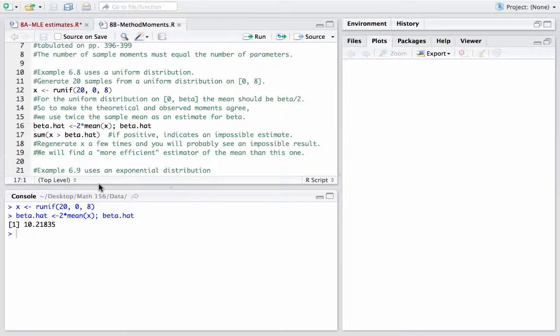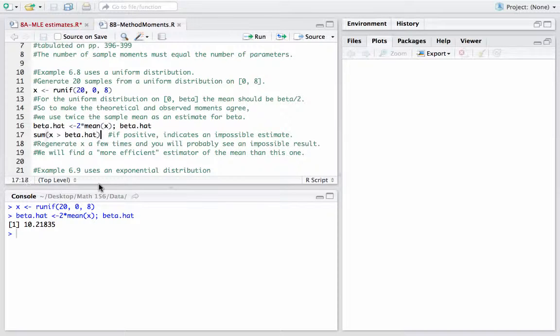Now, it might work out such that your mean comes out less than half your greatest sample, in which case your data will be quote-unquote impossible. In other words, if your beta hat comes out to be 7, but you have observed a draw of 7.5, well then you know the max can't be 7, and so you know that there's something wrong with your estimate.